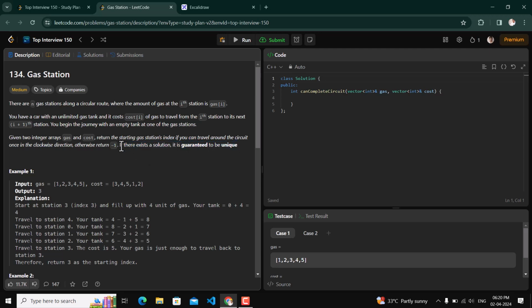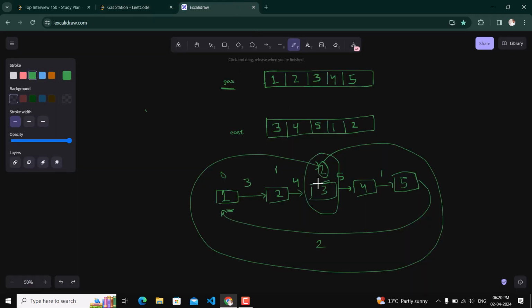This is the most important line of this question, because the approach we will follow to solve it will have a major impact from this line. If there is no solution, then we have to return -1. But if there is a solution, it is guaranteed to be unique. There will be only one point among all the gas stations.